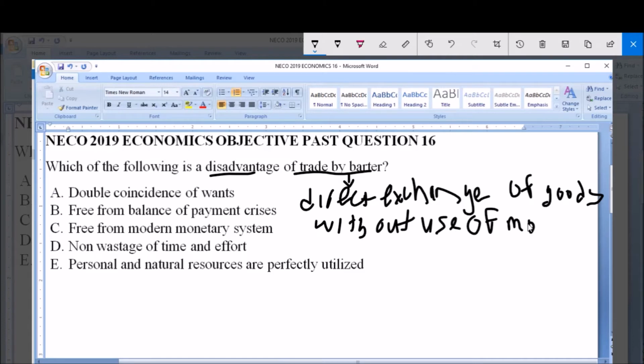So the direct exchange of goods without use of money is trade by barter. Now let's look at the options given to us to see which one is a disadvantage. So option A says double coincidence of wants.